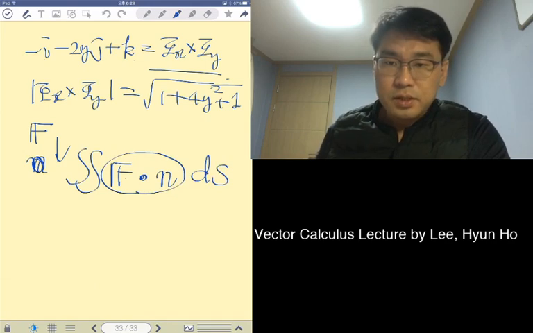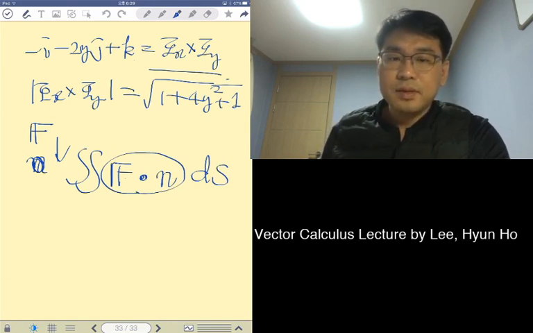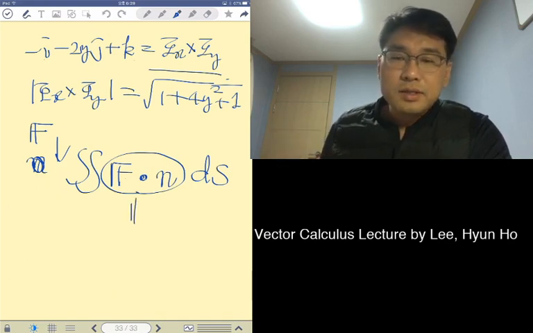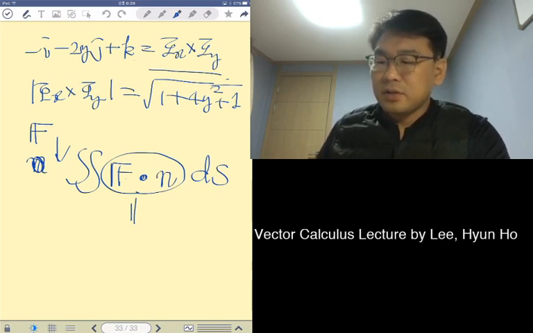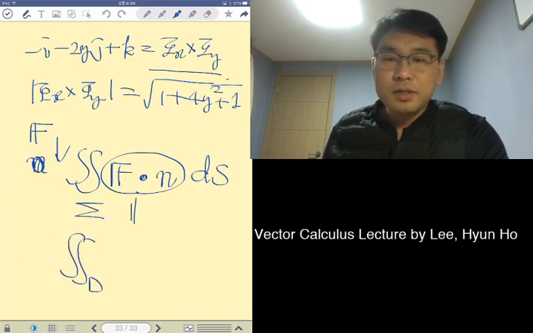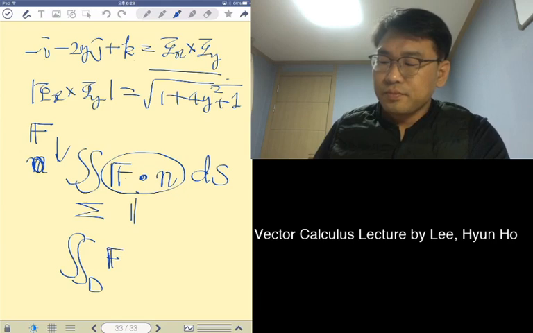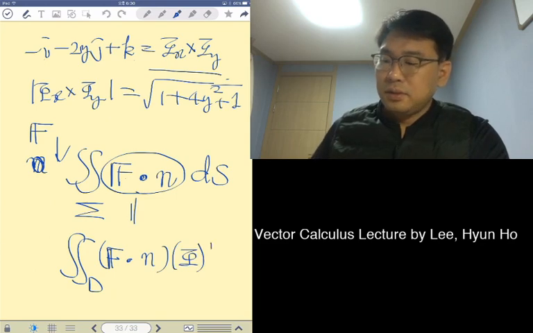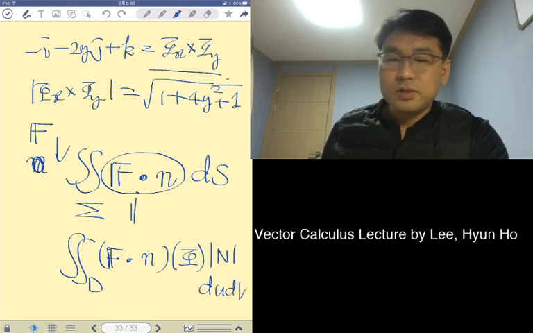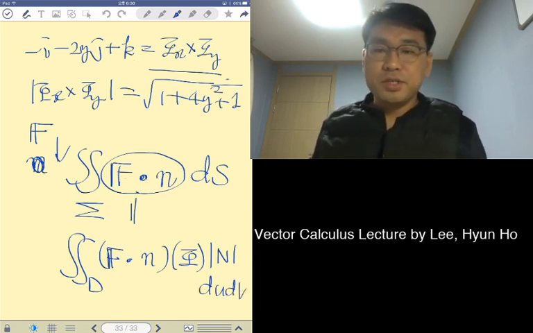This is what we are looking for. If you remember, the function integral over sigma is equal to the double integral over D of the function combining phi, the normal vector, and du dv. That was the computation.